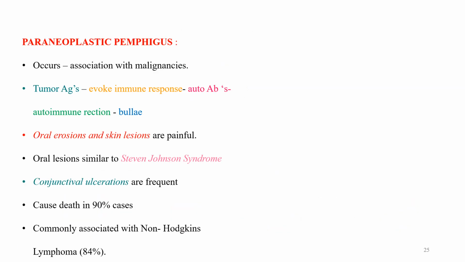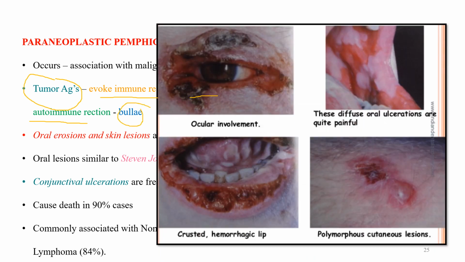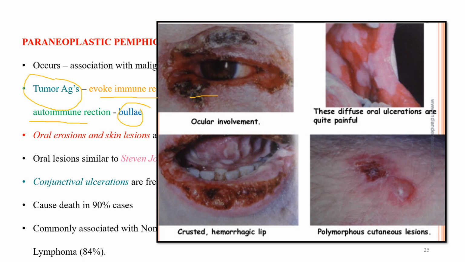Now moving on to the other variant, paraneoplastic pemphigus. This paraneoplastic pemphigus is generally associated with malignancies. So what exactly happens is, the tumor antigens produced by these malignancies evoke an immune response, producing autoantibodies against the self-antigens and resulting in an autoimmune reaction, finally resulting in the formation of bulla. They involve both the mucous membrane as well as cutaneous involvement.